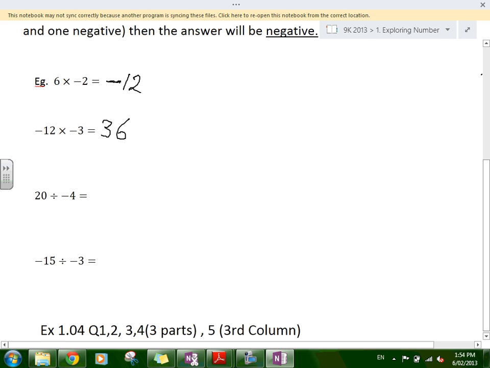Negative, because it's a positive divided by a negative. 20 divided by 4. Now we can ignore the sign. What's 20 divided by 4? 5. So it's going to be negative 5. That's what our answer is going to be.